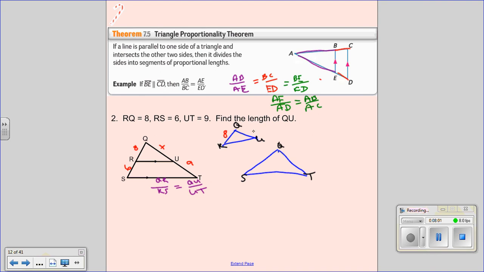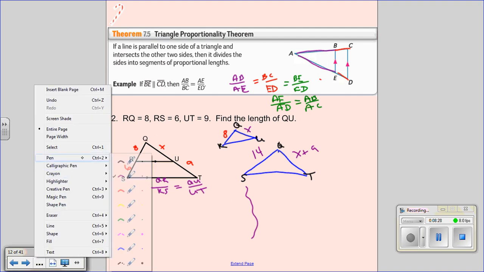Or you could say that, again, this is X, QU, of the small triangle. QS is equal to 8 and 6, which is 14. And then QT is equal to X plus 9. So another way of doing it is to set a proportion like this.